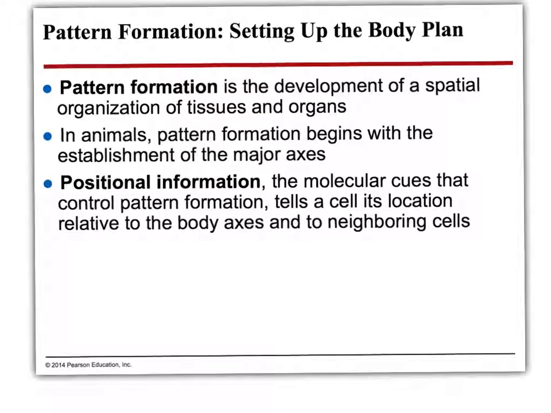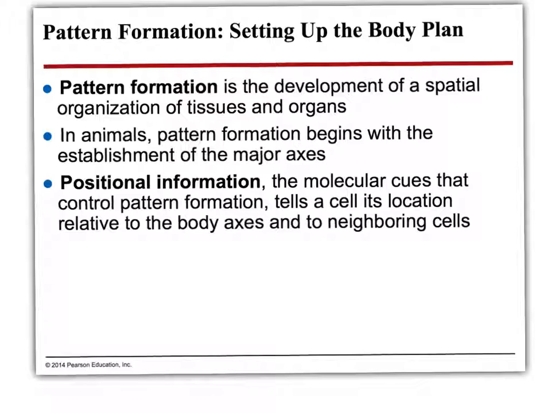That is a pattern. That does not just happen in one frog embryo, it happens in all of them. The pattern formation in all embryos, all development, is important for determining front to back, top to bottom, right to left.